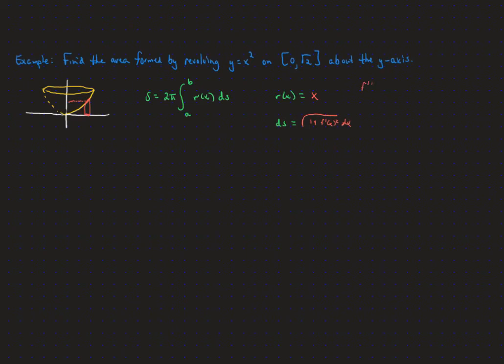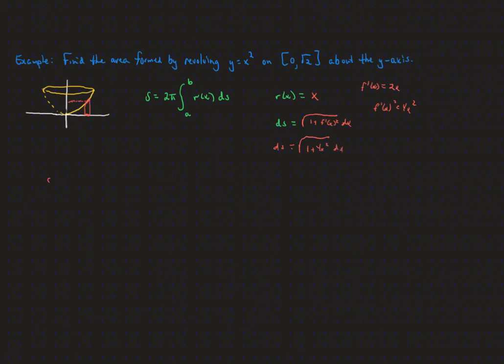So we still need to know what is f prime of x, which in this case is just 2x. And our f prime of x squared is then going to be 4x squared. And so our little differential slant height is going to be the square root of 1 plus 4x squared dx.